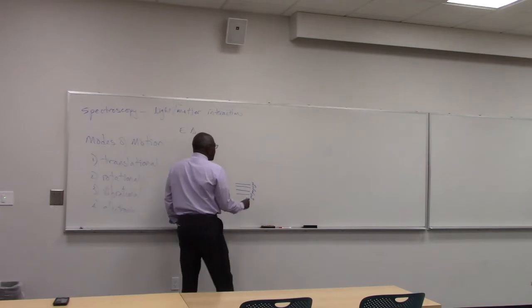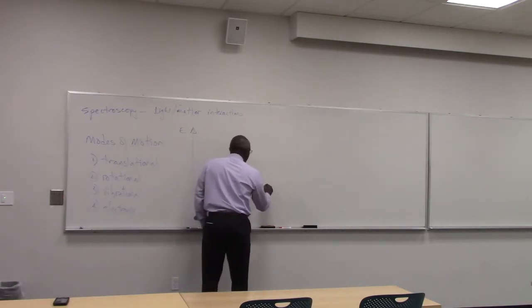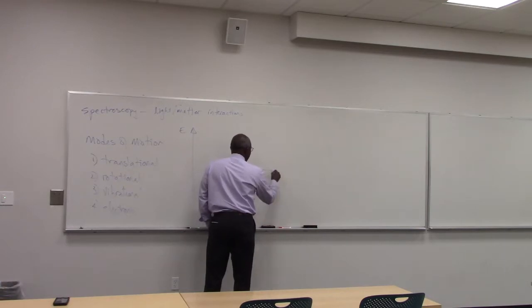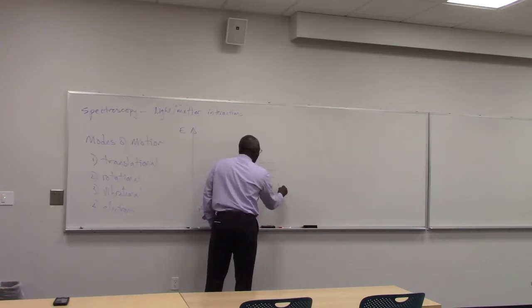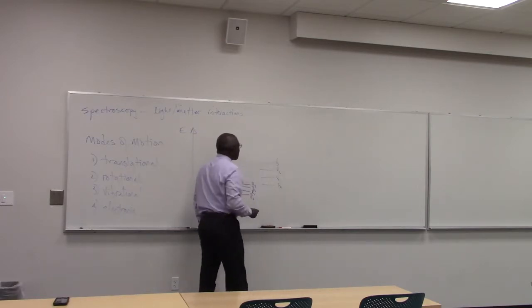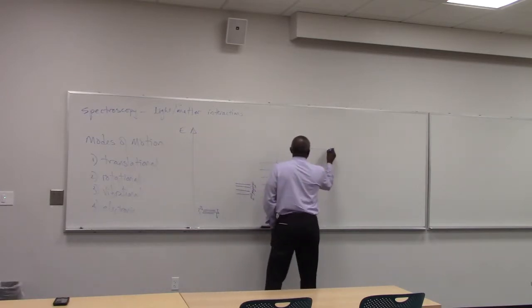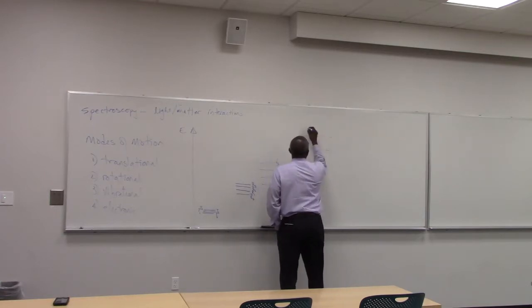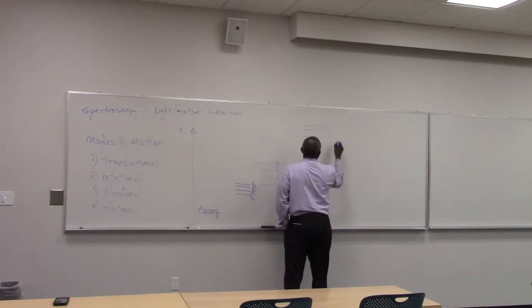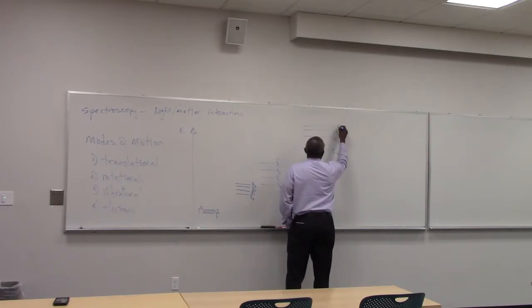If I go to the vibrational, what I find is that they're higher still, and the energy gaps are also larger. This might be my V0, my V1, my V2, and my V3. And if I went to electronic, I find they're even higher still, and the energy gaps are larger. This might be E0, E1, E2, and E3.